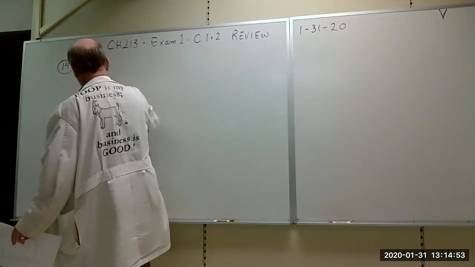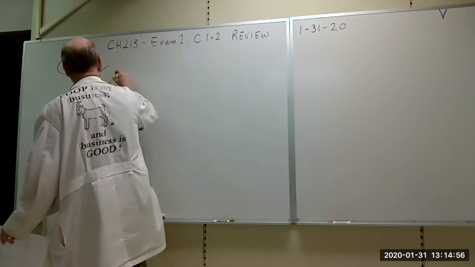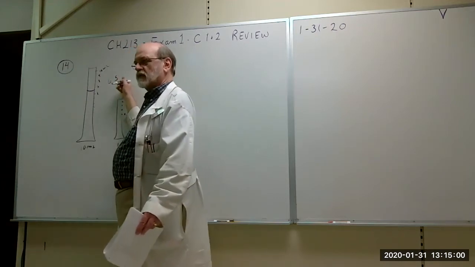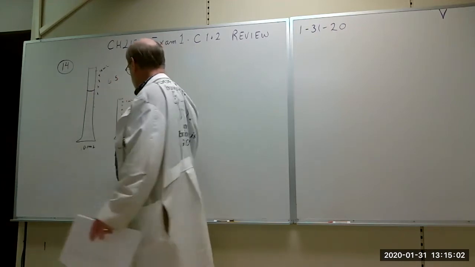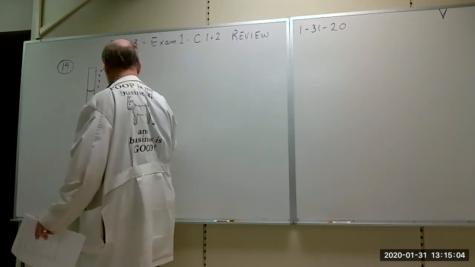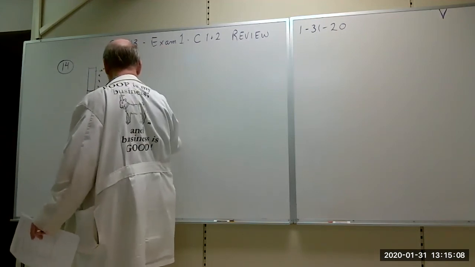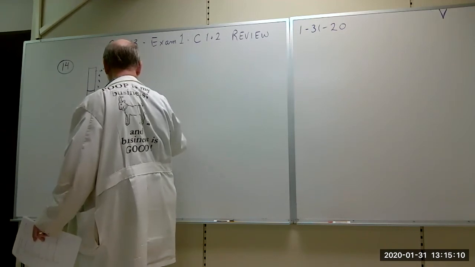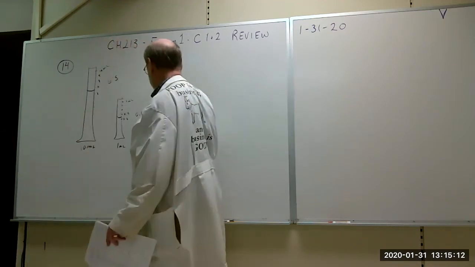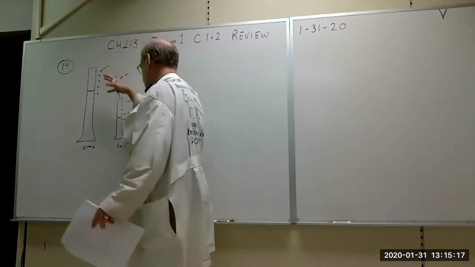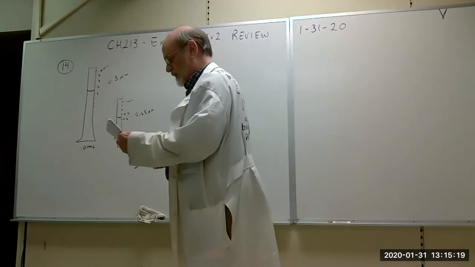So that looks like 6.5, because the last one is uncertain, we estimated. And if we do this one, let's say 0.65 milliliters. Trying to draw some sort of comparison there.